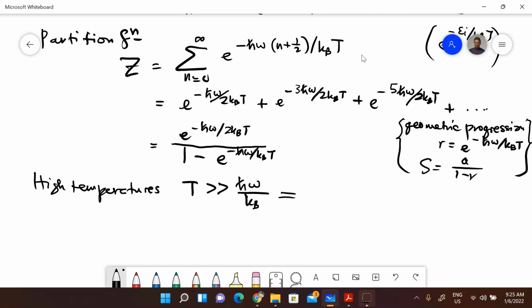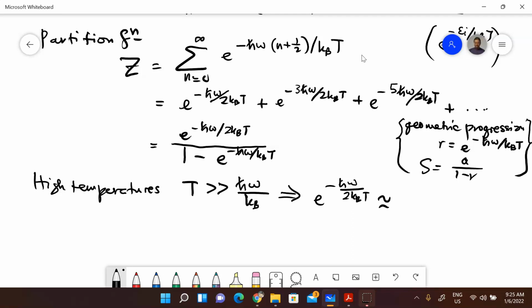Okay, and this implies that your e to the minus h bar omega on kBT, or 2 kBT, sorry, can be approximated because T is going to be very large.